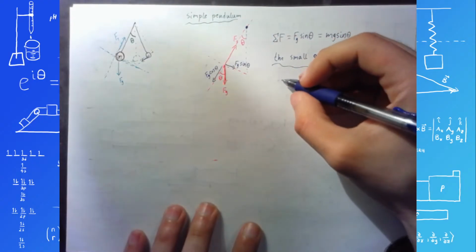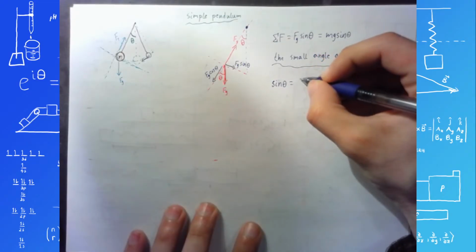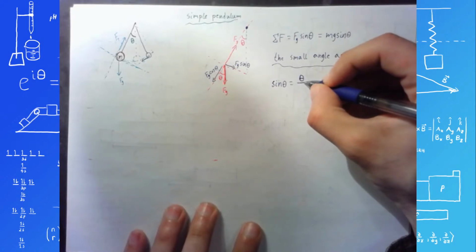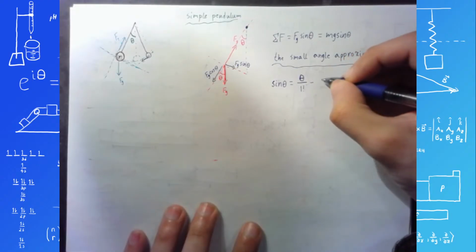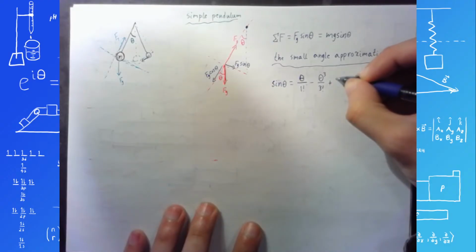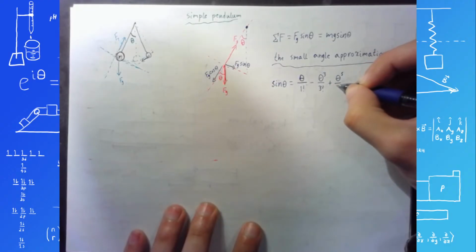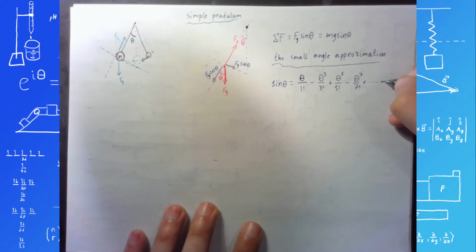But for the rest of you, you're just going to have to believe me when I say, in calculus, you can prove that sine of theta, which of course requires theta to be in radians in order to work, is equal to theta over 1 factorial minus theta cubed over 3 factorial plus theta to the 5th over 5 factorial minus theta to the 7th over 7 factorial, and these terms keep on going, plus and minus, forever.